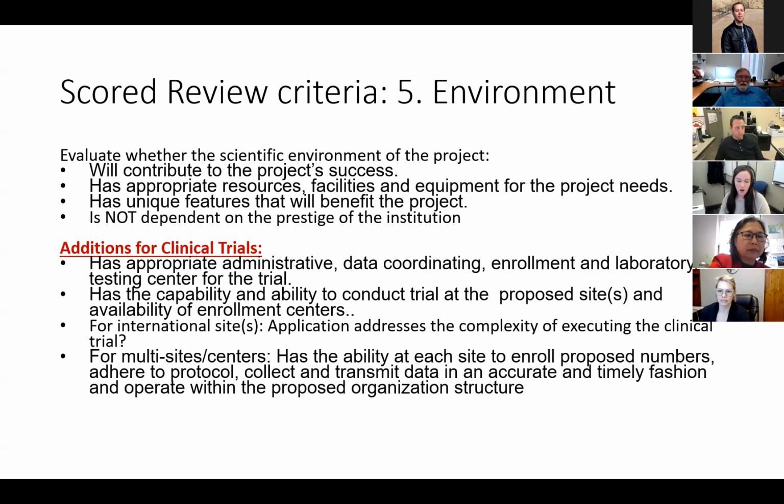For multi-site centers, again, the ability of each site to enroll proposed numbers, adhere to protocols, collect and transmit data in a timely fashion, and operate in the proposed organizational structure. These are areas where the DaCCoTA CTR really has a bunch of different cores to help you with this type of study.